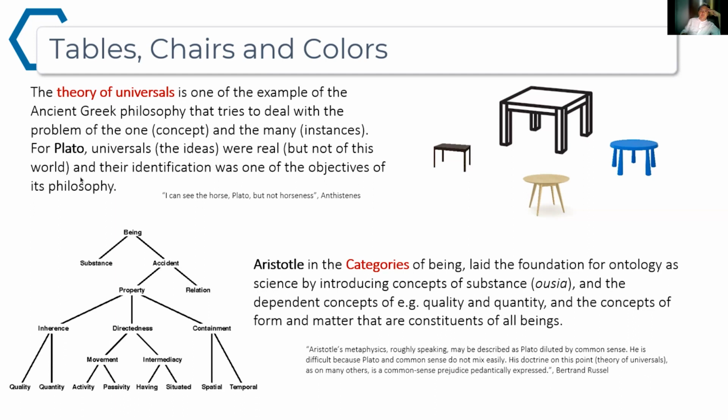Plato was one of the most important philosophers, and started to separate the concepts and their instances. Aristotle, in Categories, started to formalize in a more, I would say, pedantic way what things are and their properties, not without raising some objection, like the comment of Russell about Aristotle, who considered his work as common sense prejudice pedantically expressed.